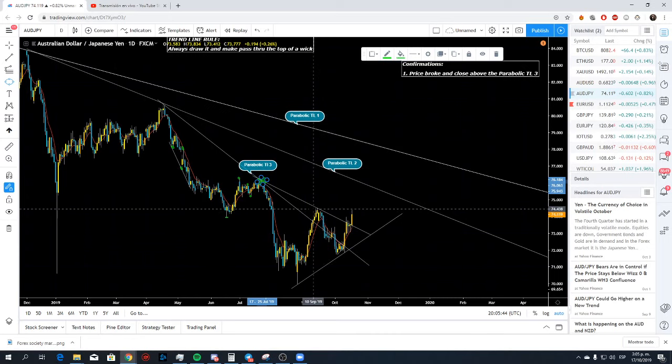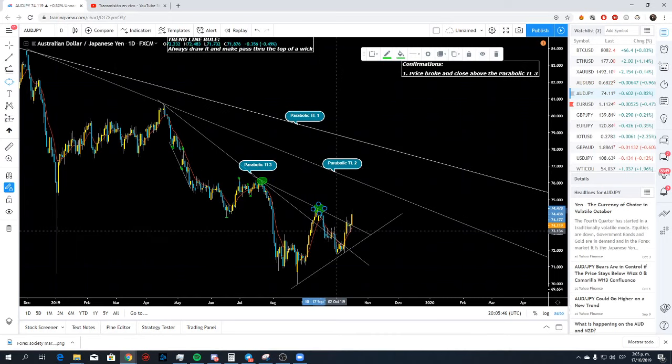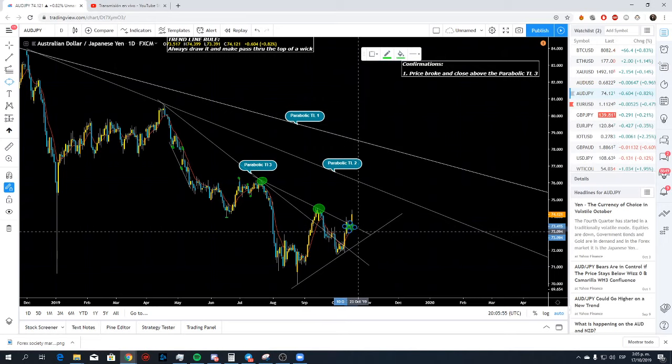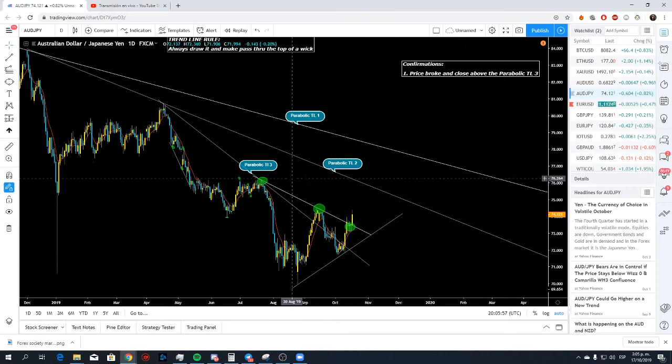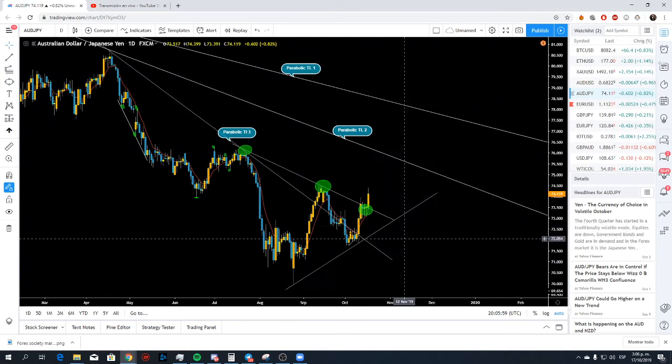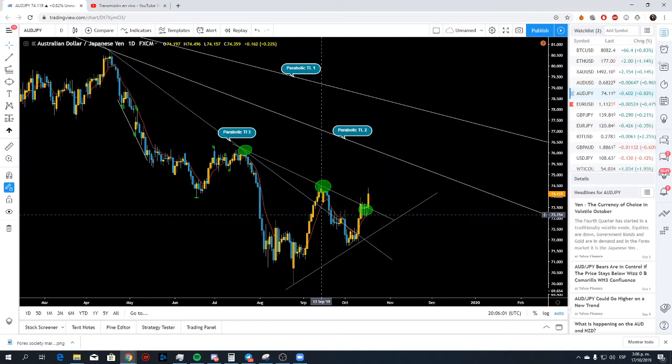Okay, so point number 2 and point number 3, and this point is where price broke up and closed above it. So let me zoom in a little bit more. Okay.